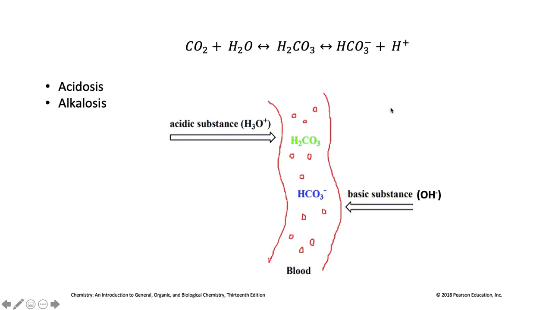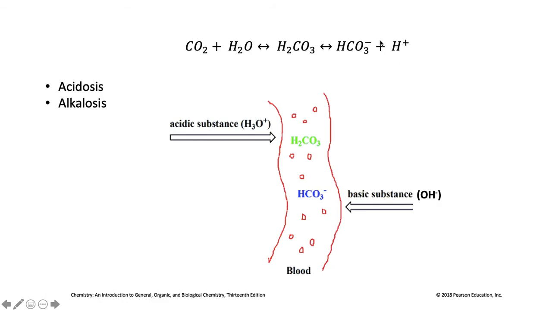So, for example, if I increase the concentration of H plus, it is going to try to react with my conjugate base to get rid of that H plus, according to Le Chatelier's principle.